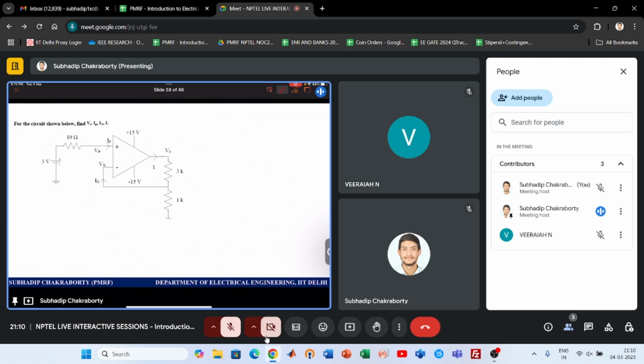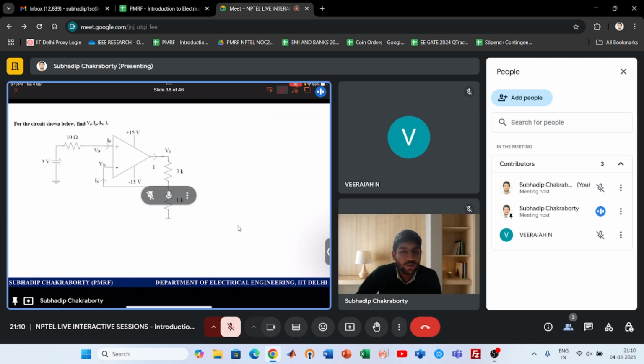So what we can do, we can just apply, only remember one thing, that since the op-amp has input impedance infinite, IP should always be 0. Why? Input impedance infinite.